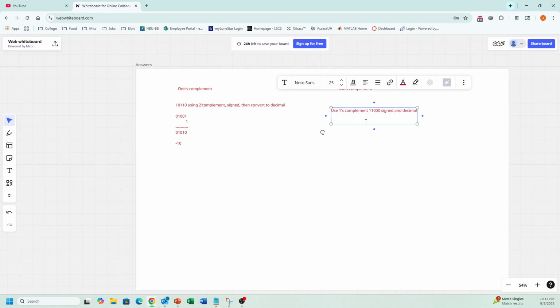Since it's 1's complement, all we have to do is flip it. So it's going to be 0, 0, 1, 1, 1. This is the equivalent of 7 in base 10, and since this is negative, the answer is negative 7.